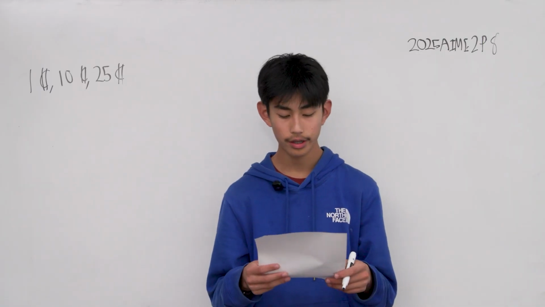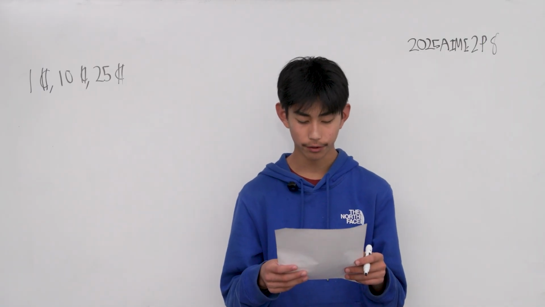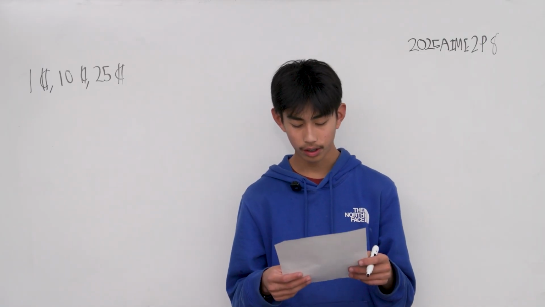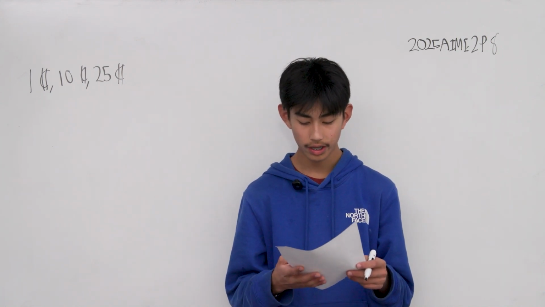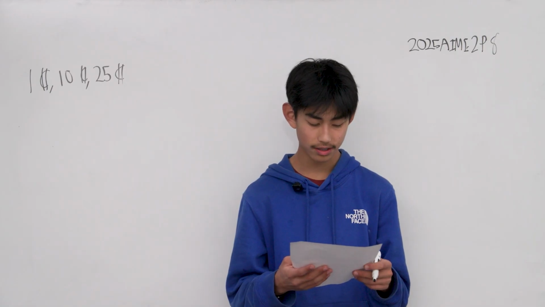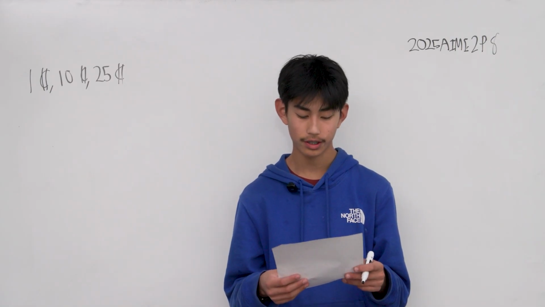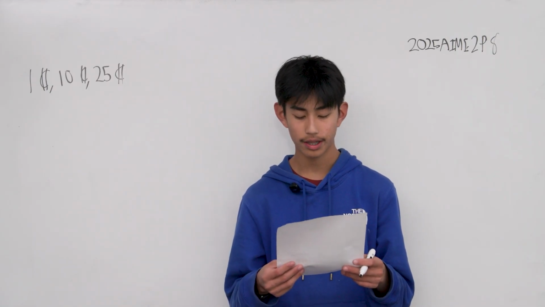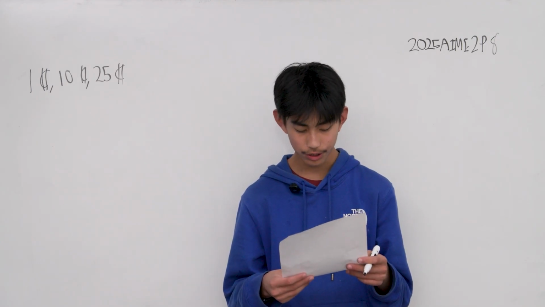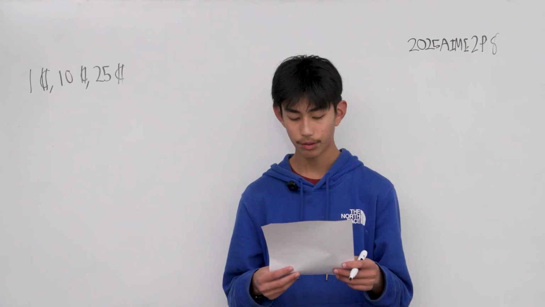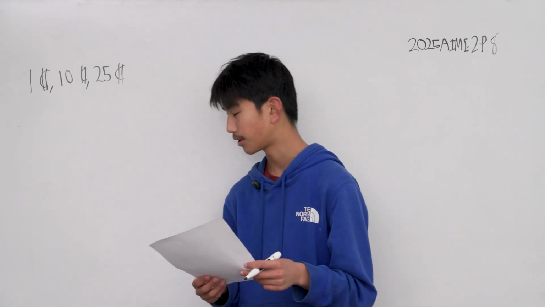In general, the greedy algorithm succeeds for a given n if no other collection of 1-cent, 10-cent, and 25-cent coins gives a total value of n cents using strictly fewer coins than the collection given by the greedy algorithm. Find the number of values of n between 1 and 1,000 for which the greedy algorithm succeeds.